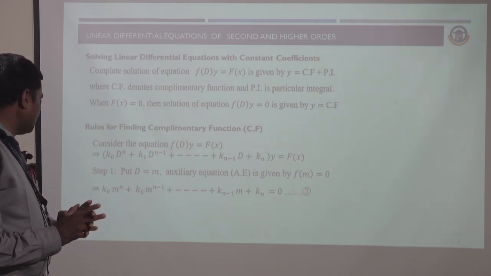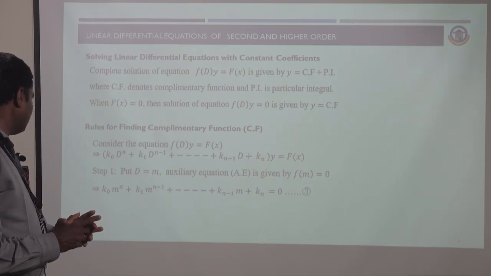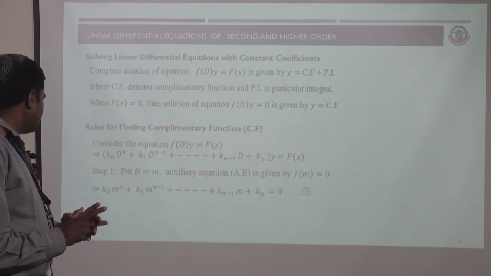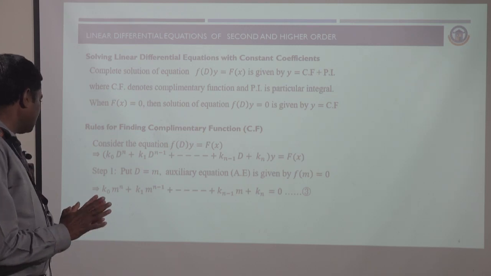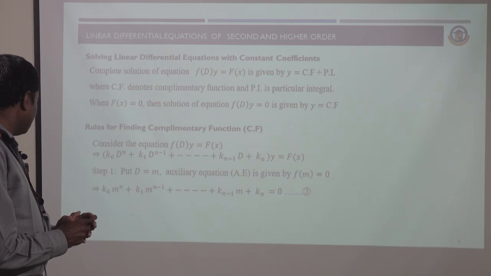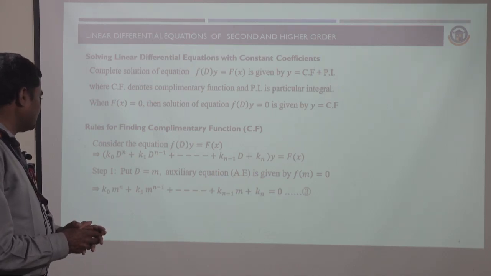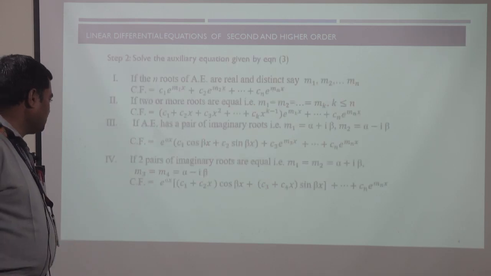What is the auxiliary equation? We simply call it AE. Substituting D is equal to m, we get equation 3: k naught m power n plus k1 m to the power n minus 1 plus, and so on up to the last term, is equal to 0.